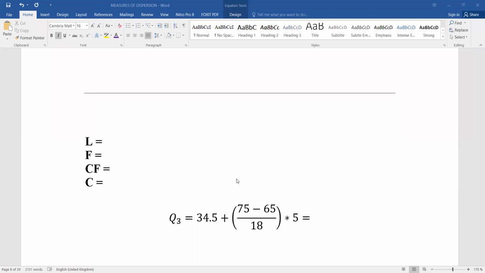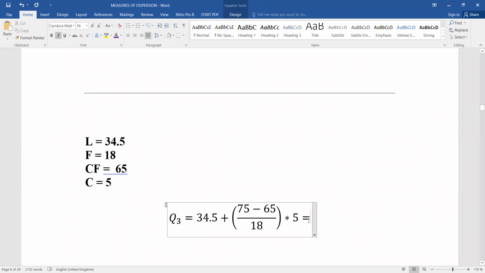So quickly get me the value. This is 34.5. Frequency is 18. Cumulative before is 65. Then C is 5.